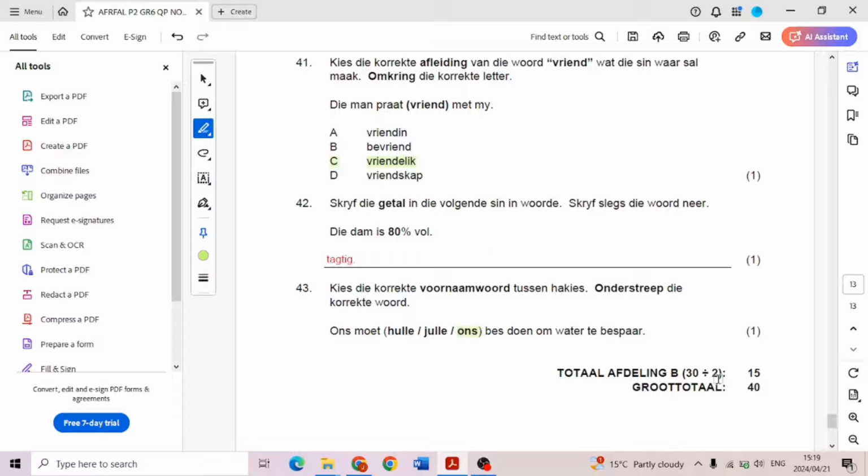There we go. So this section counts 30 marks that will be divided into 2, and that will give us 15 marks. So it basically counts 37.5% of the entire paper if the paper counts 40, which means that if you add this section and the summary section, which counts 10 marks, you've gotten at least 60 out of the paper, 60%.